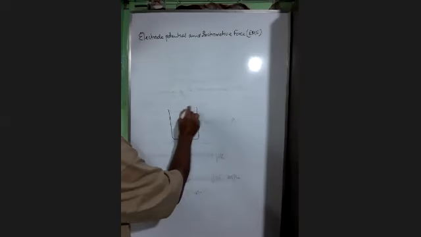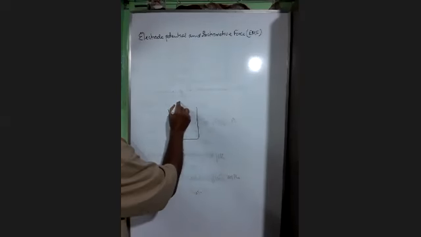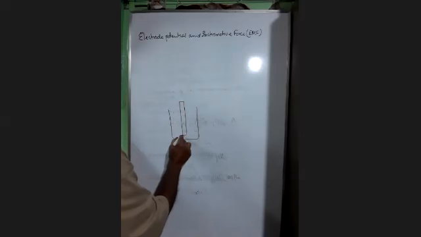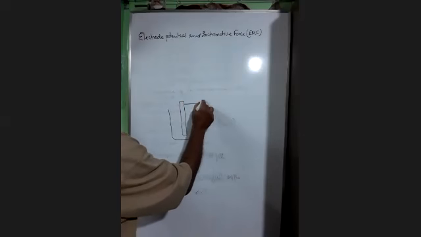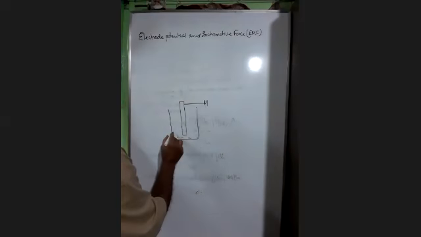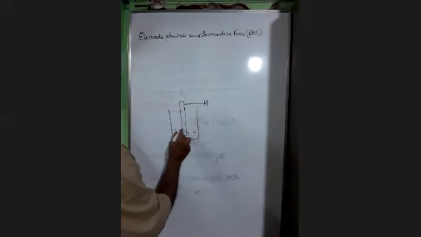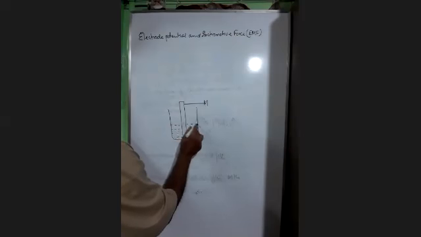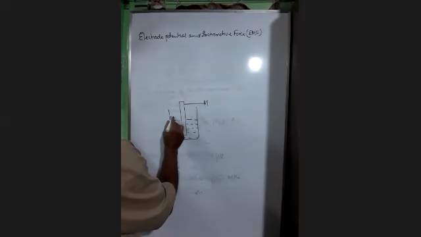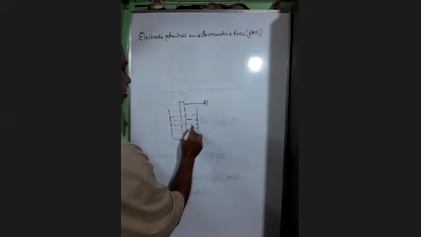Let us first try to understand. See here. I have put a metal. This is an electrode only, a metal, and it is dipped in a solution of the same ion. What do you have here now?